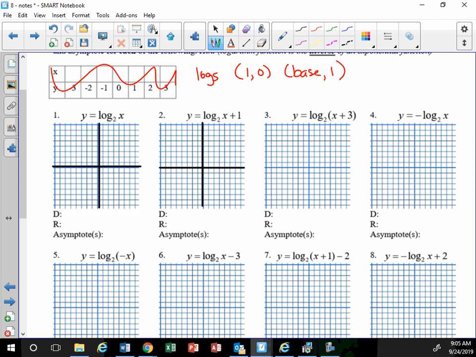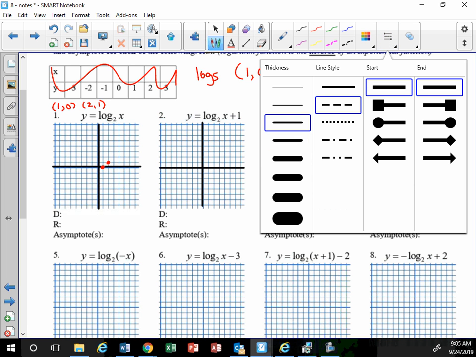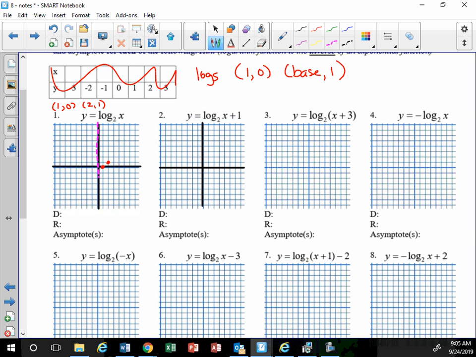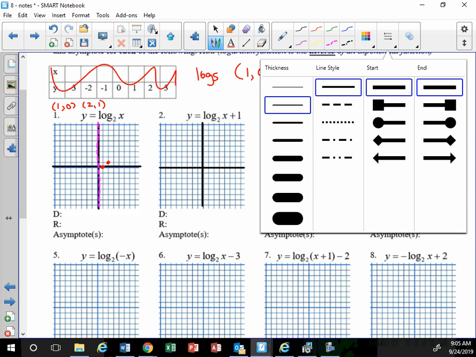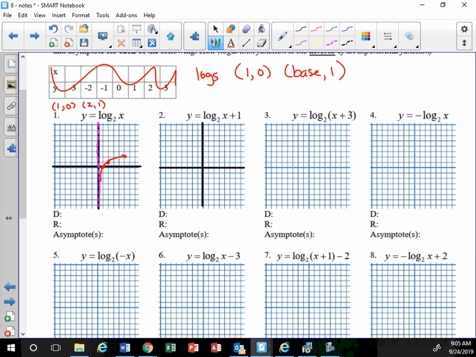All right, so the first one here is essentially your parent graph. So I'm going to use the points 1, 0, and 2, 1. So 1, 0, 2, 1, and I have a vertical asymptote. So there's your log graph.